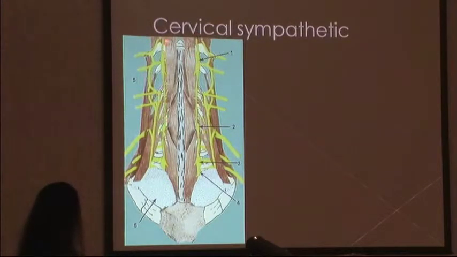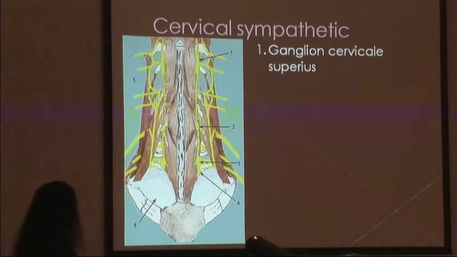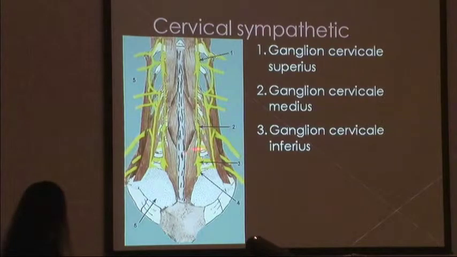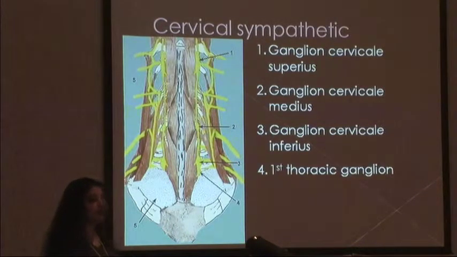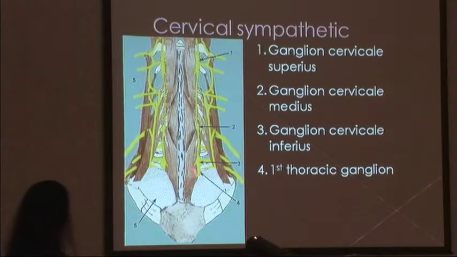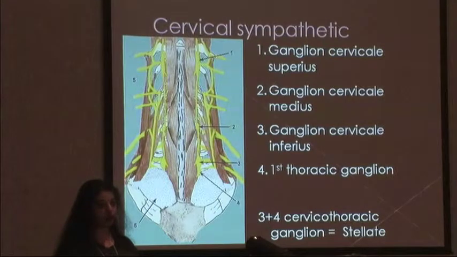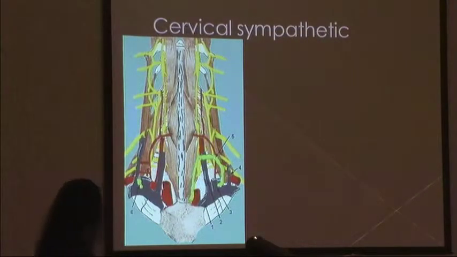These are the sympathetic chains on the left side and the right side. We have different ganglions. This is the superior cervical ganglion. You have the medial one and the lower one. And the lower cervical ganglion often fuses with the first thoracic ganglion, which is right down here, to form the cervicothoracic ganglion, which we call the stellate ganglion.